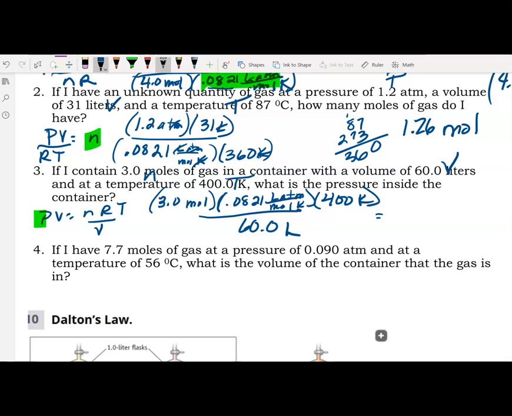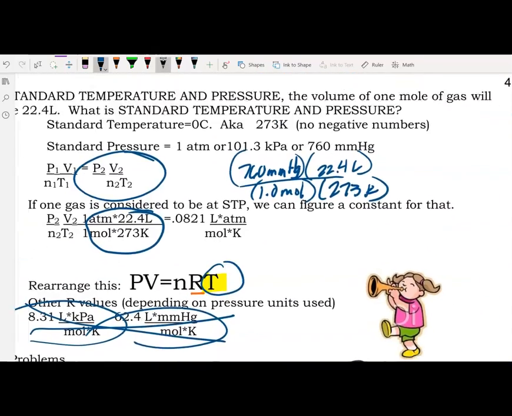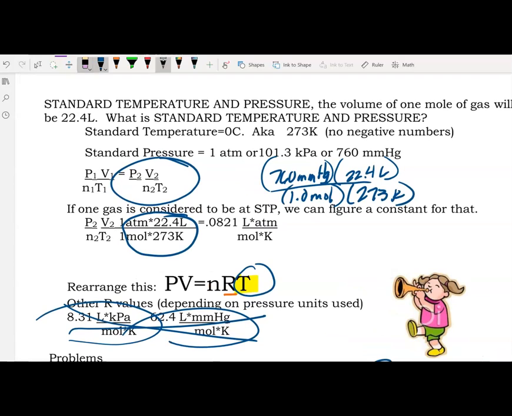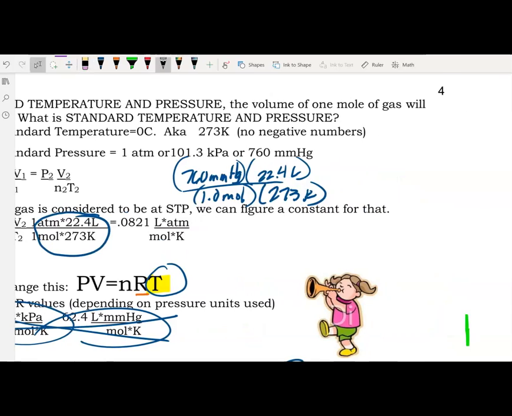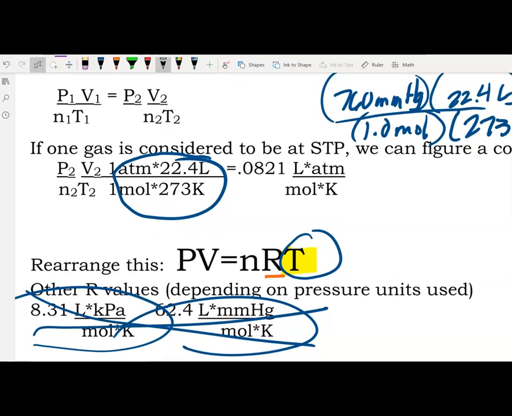So how did you find the 0.0821? If we were to use 1 mole of gas at STP, we substitute those values in here. 1 mole of gas at STP is 1 atmosphere.